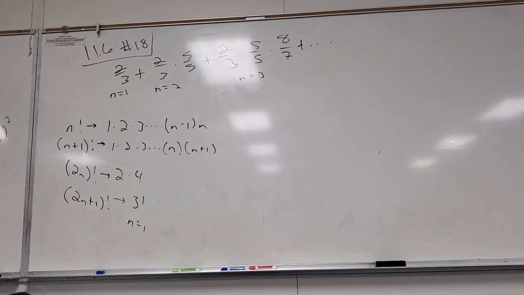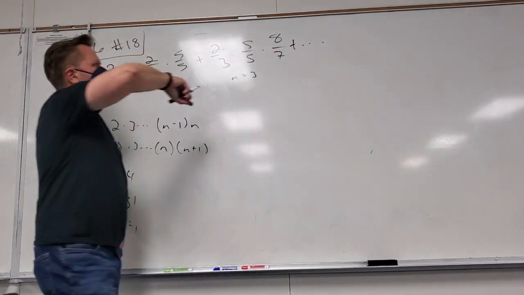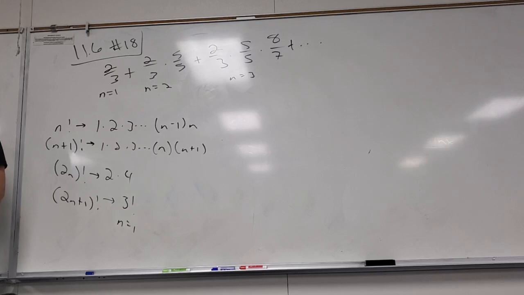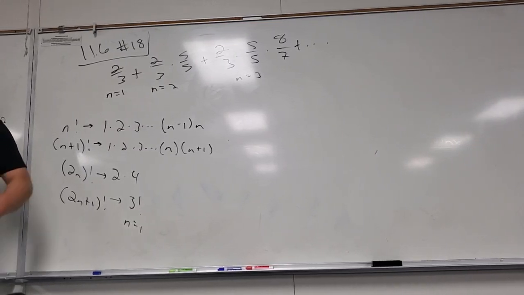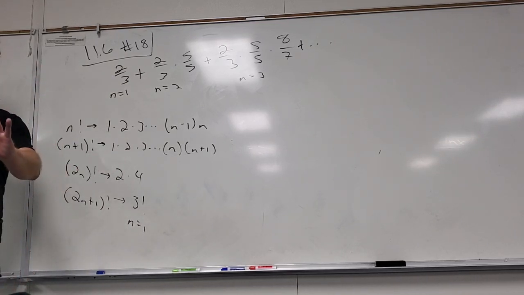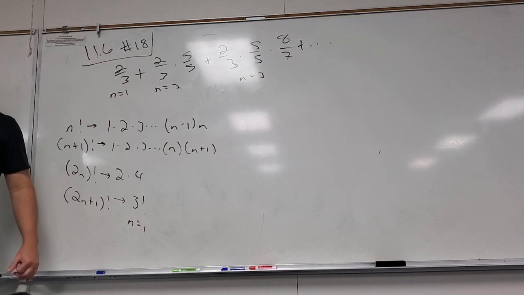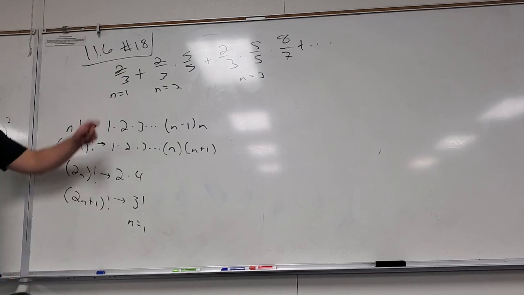So what else could you try to do? These are odd numbers multiplied by the next odd number up. What else could you try? Just start playing around with some possibilities. Maybe this isn't a factorial.